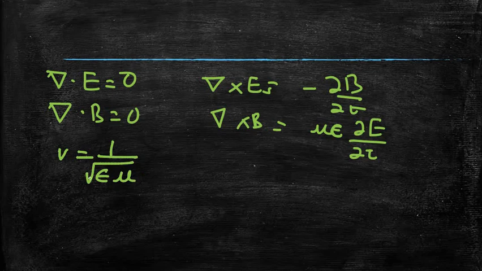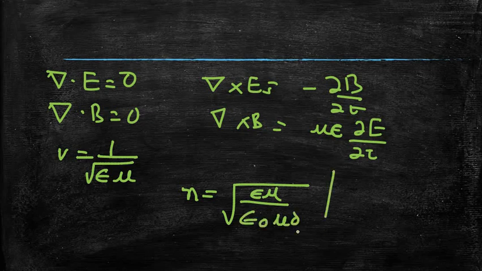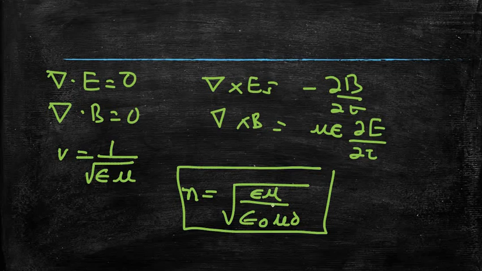Now, what is the relationship between mu and epsilon in a medium and mu 0 and epsilon 0? We define a term n, which is the square root of epsilon mu by epsilon 0 mu 0. And what is this n? n is the index of refraction.